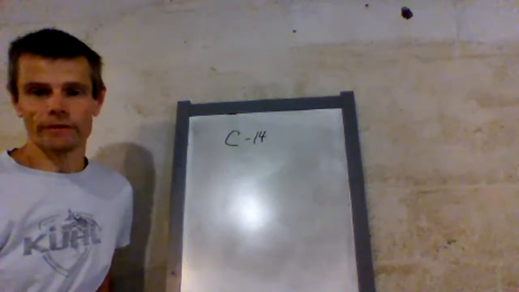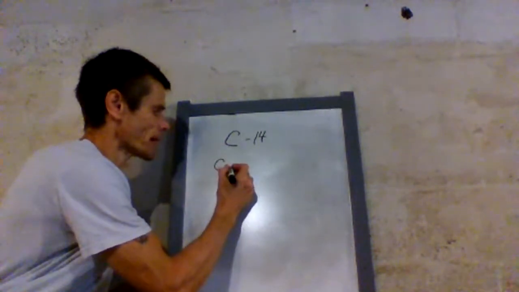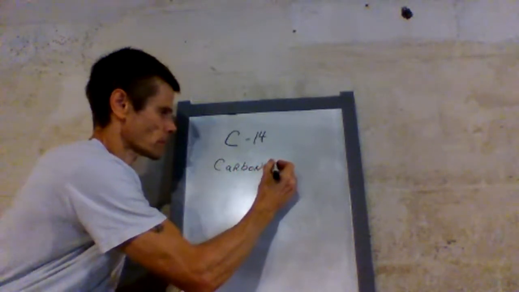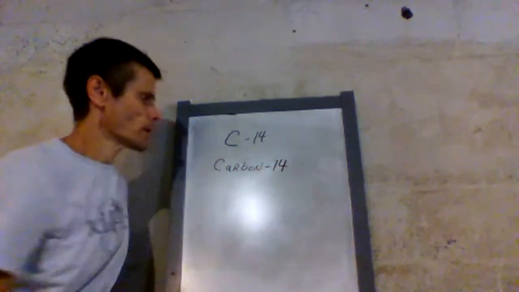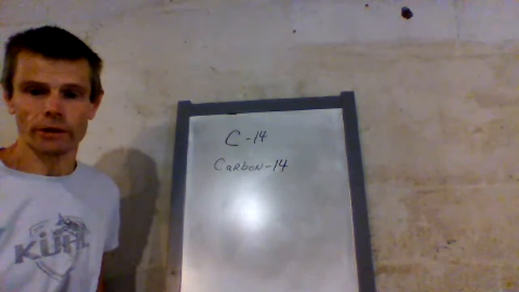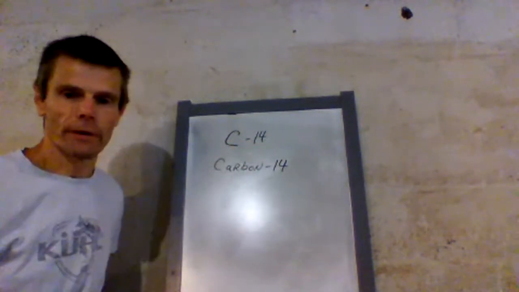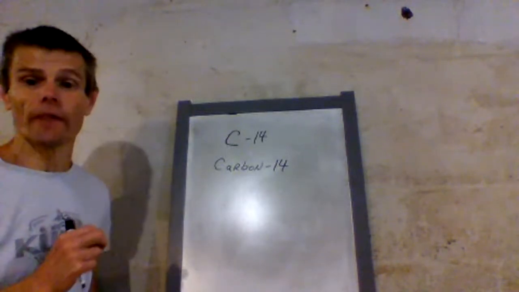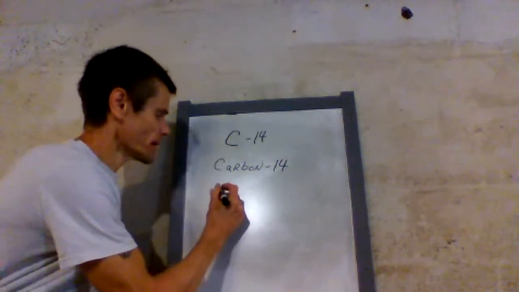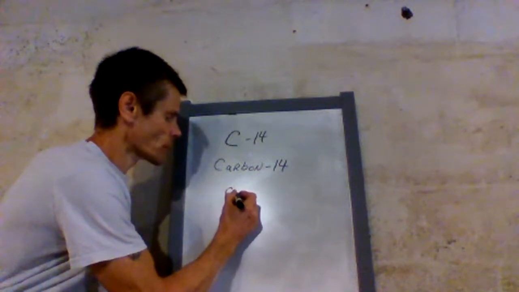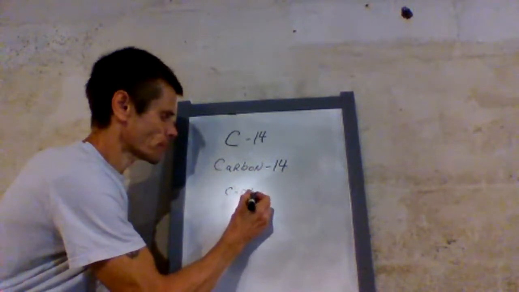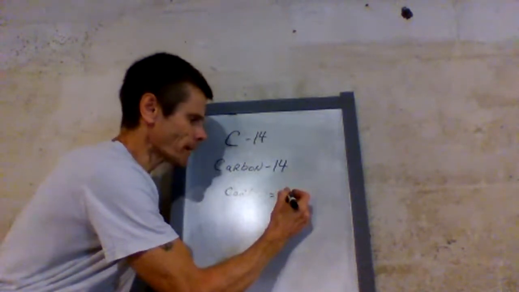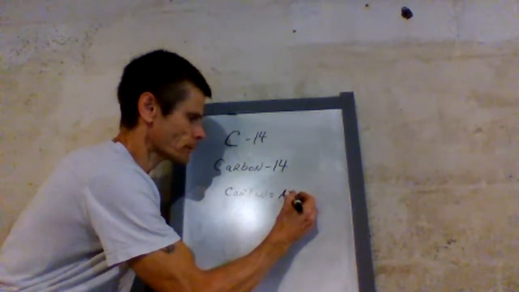That's carbon 14. Sometimes it's written as the other notation. Now, the shorthand notation uses a whole number to represent the mass number, because we can look on the periodic table and we would recognize that carbon has an atomic number of 6.